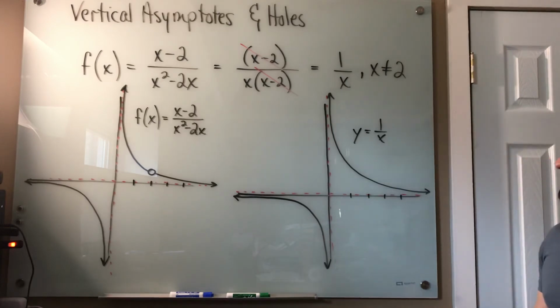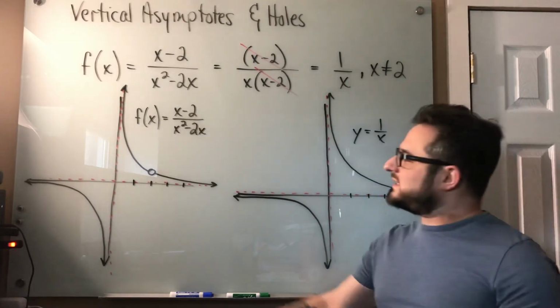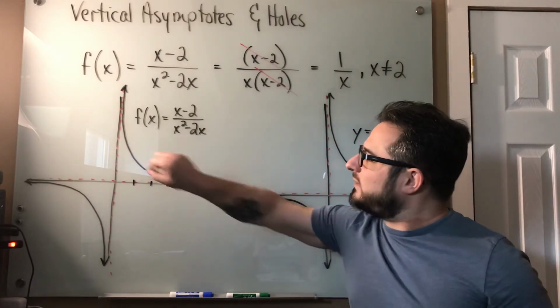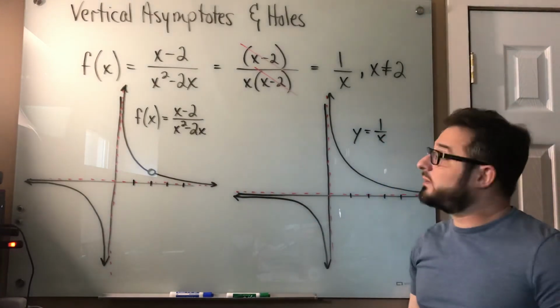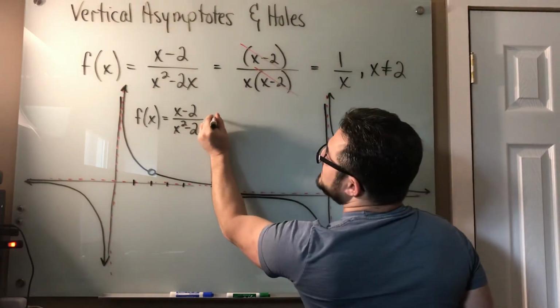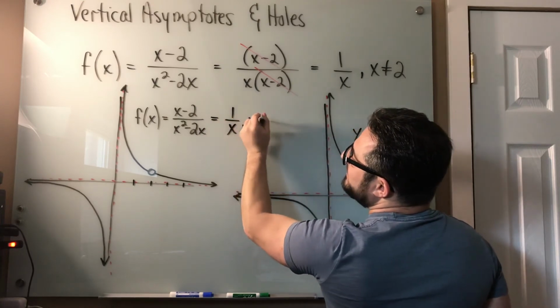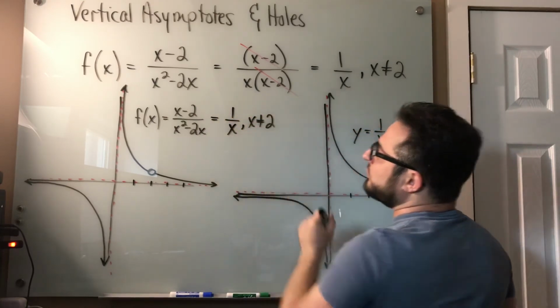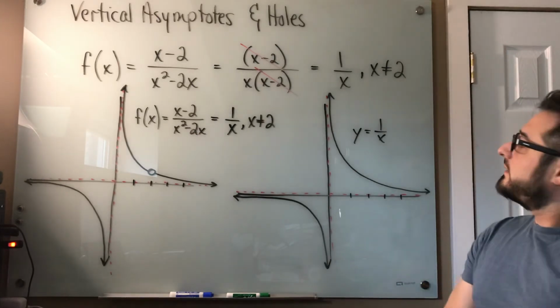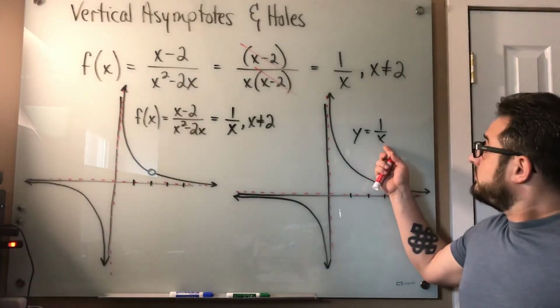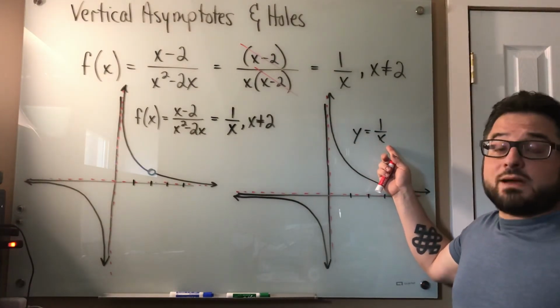They are identical graphs. The only difference is, for this one, that one single point, we reached in and plucked it out. Because this guy is the same as 1 over x, except it has this additional rule. 1 over x doesn't have that rule. There's nothing wrong with x equals 2 here.